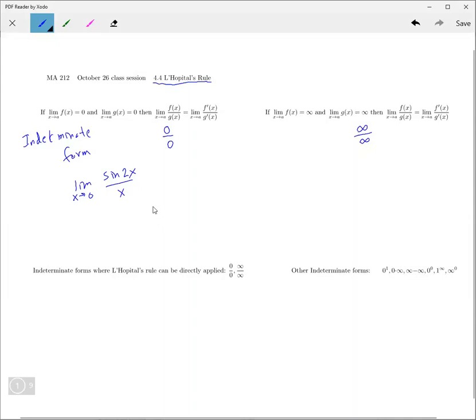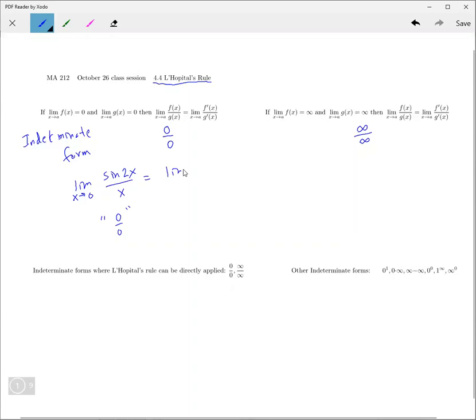Remember we talked about this one, and the answer was 2, right? Now, if you take x to 0, sine of 0 is 0, so this is going to be 0 over 0.